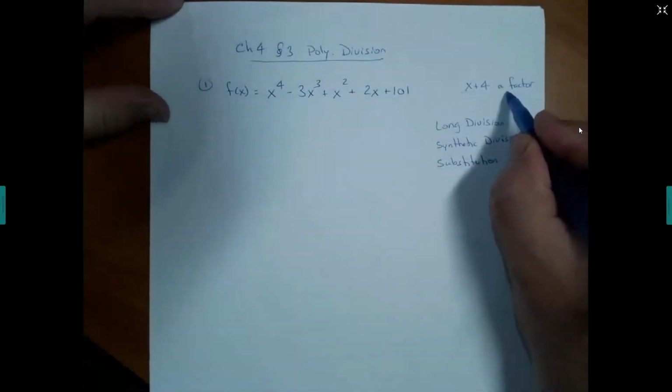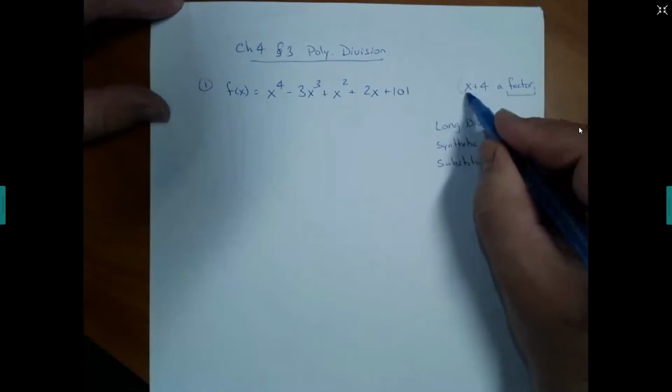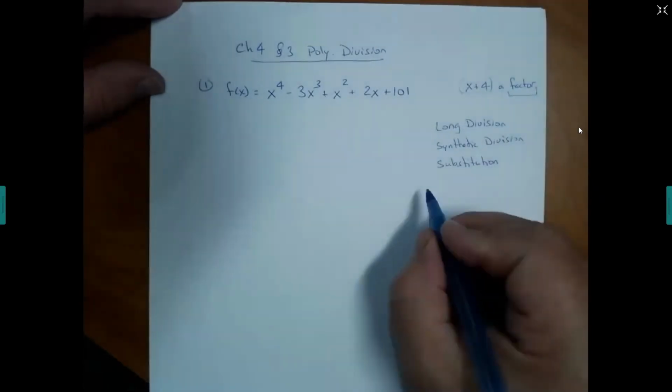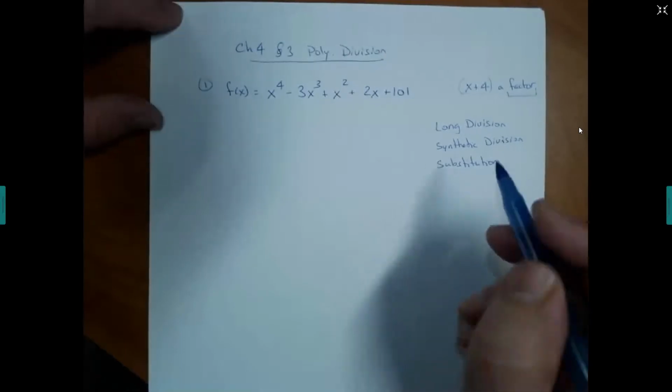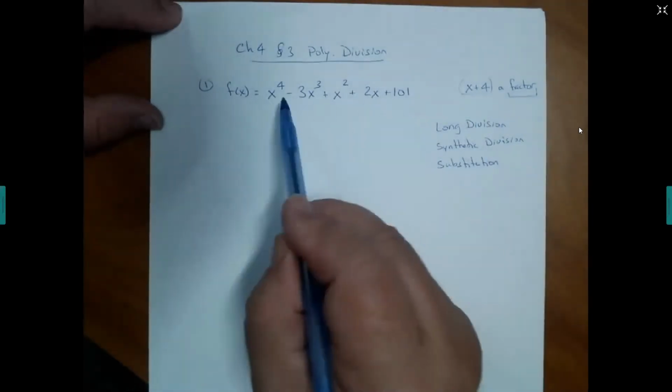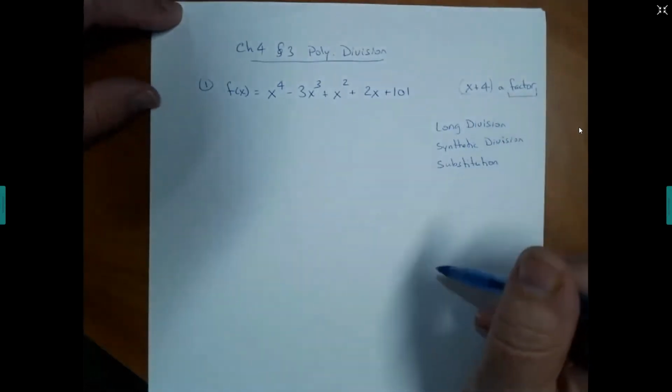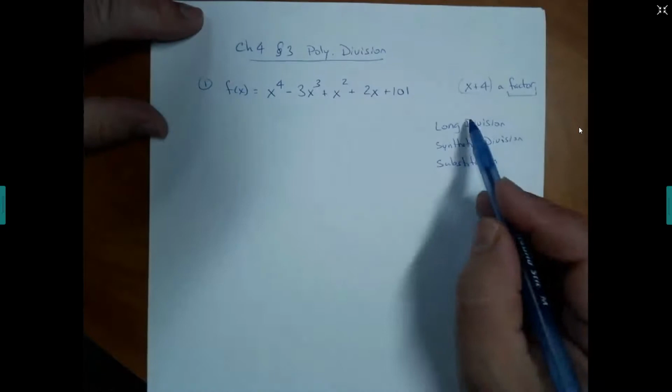Now, if it says, is this polynomial a factor of this bigger one? What that means is, if I was to factor this equation all the way out, would this be one of the options? Well, that's what we're going to determine. That's how we use these three.